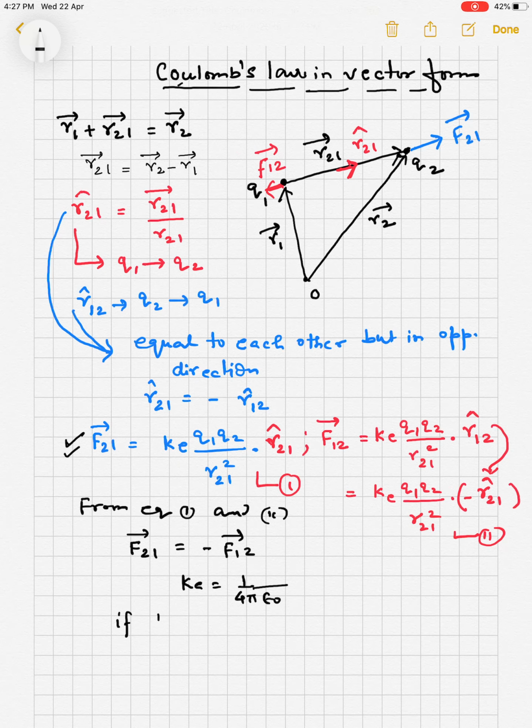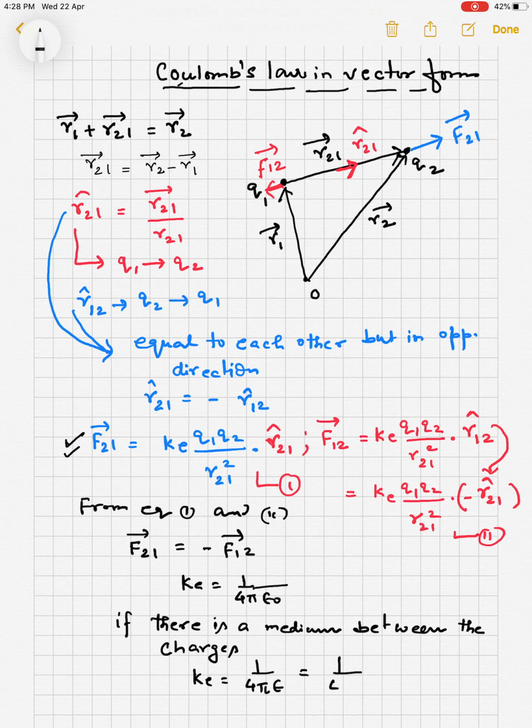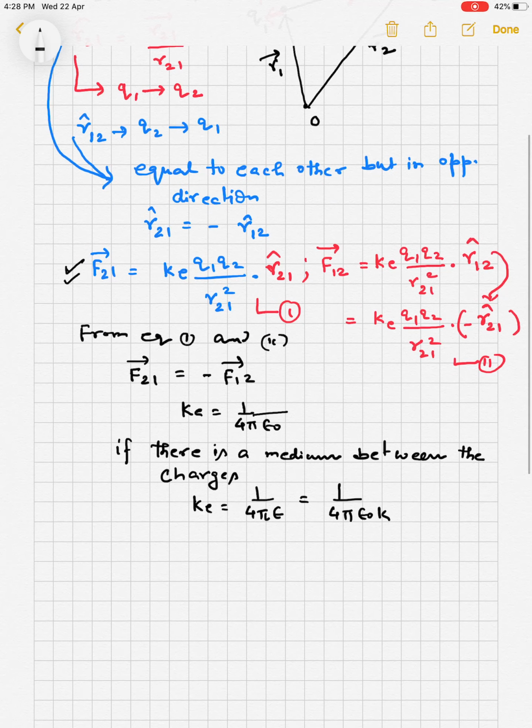If there is a medium between the charges, then this KE will be 1 upon 4 pi epsilon, or we can write 1 upon 4 pi epsilon naught K. So this is Coulomb's law in vector form.